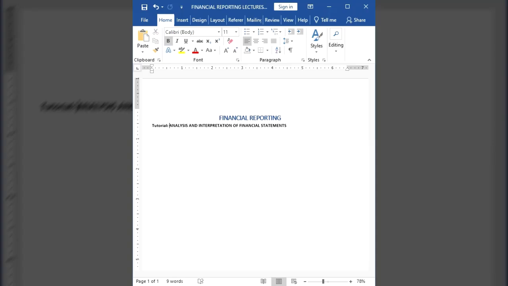simply profit before interest and taxation divided by share capital and reserves plus long-term debt capital plus preference share capital, all multiplied by 100%. Let me take that again. Return on capital employed is profit before interest and tax, all divided by share capital and reserves plus long-term debt capital plus preference share capital, all multiplied by 100%.